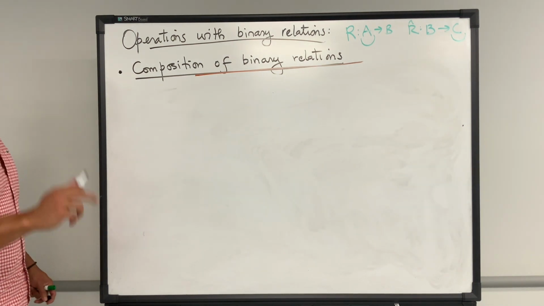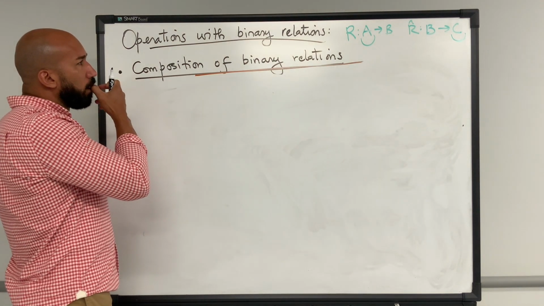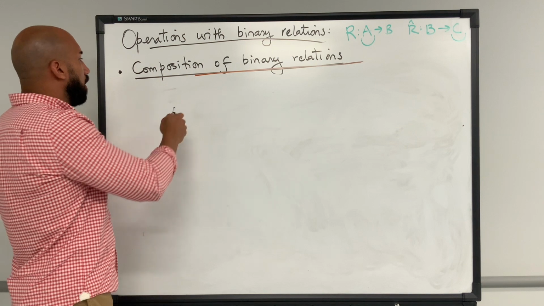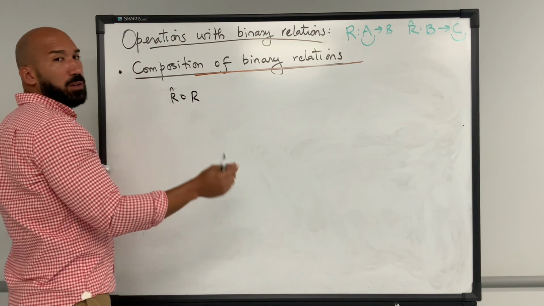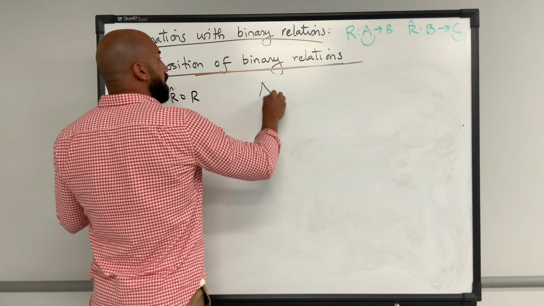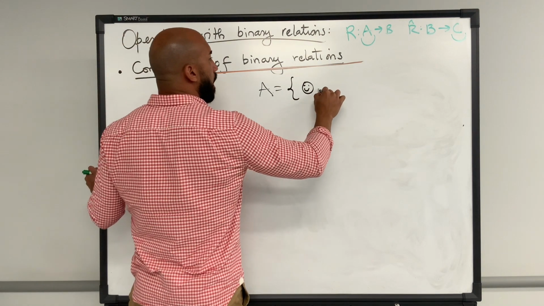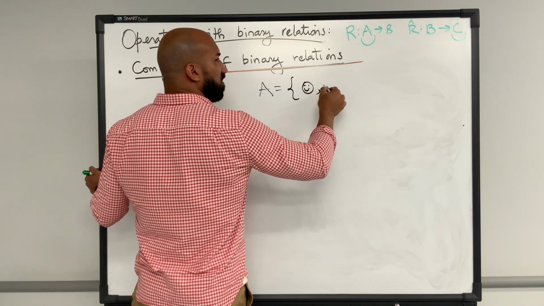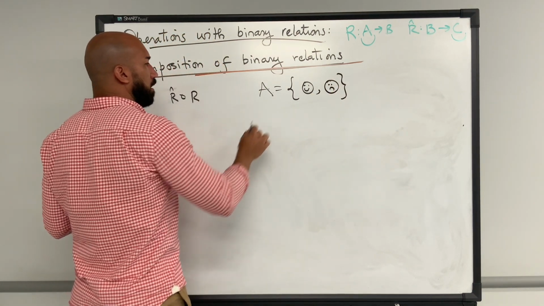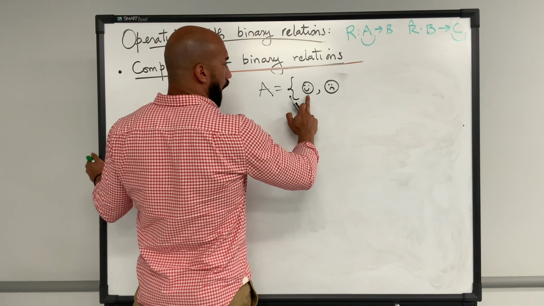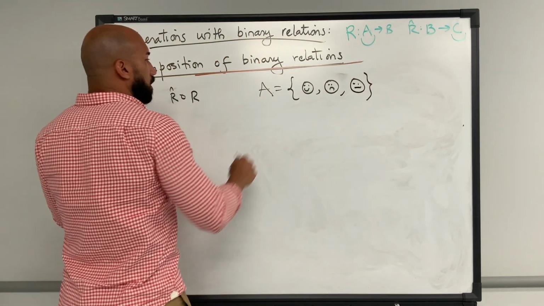Okay. Well, the last example that we saw before, R composite R hat was possible. That was the one that we did. A was the set happy face, sad face, indifferent face.